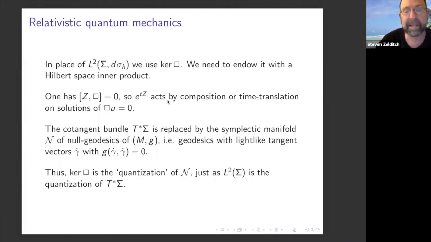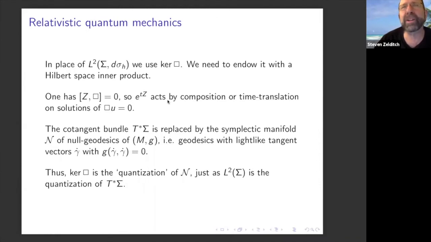As I mentioned earlier, the cotangent bundle of a Cauchy hypersurface is a kind of model for the phase space, but to make it relativistically invariant, we're looking at the symplectic manifold of null geodesics of the space-time. These are geodesics whose tangent vectors are light-like, which means that the Lorentzian inner product of the tangent vector with itself is 0.